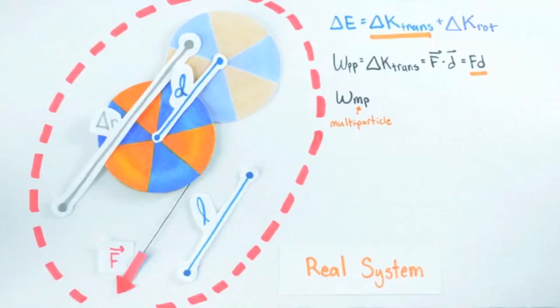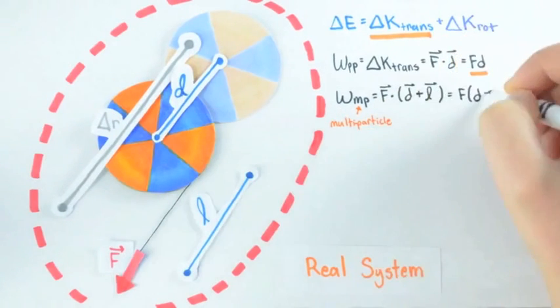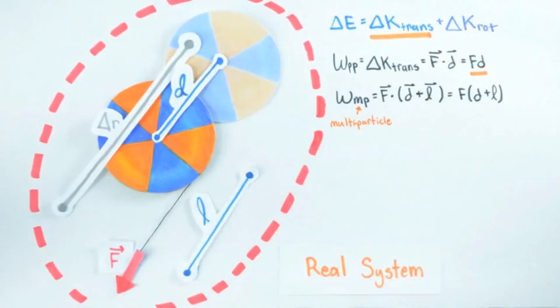Let's look carefully at the displacement associated with the force F. We see that the magnitude of this displacement is d plus L, because both the center of mass moves a distance d, and at the same time the string unwraps by a length L, so that the work done by the force F in the full problem is the magnitude of F times d plus L.